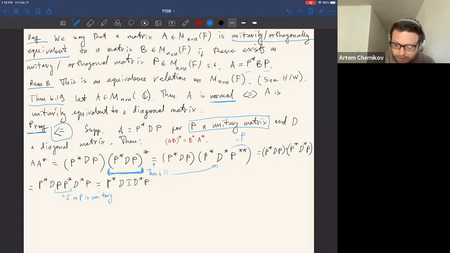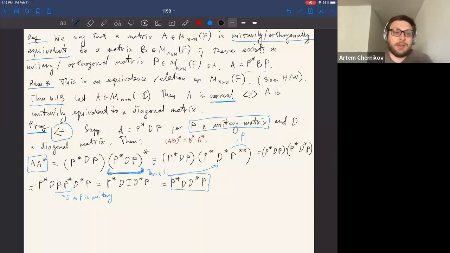We can remove the identity matrix because it doesn't contribute anything. So we have P star D D star P. That's the expression for A times A star.